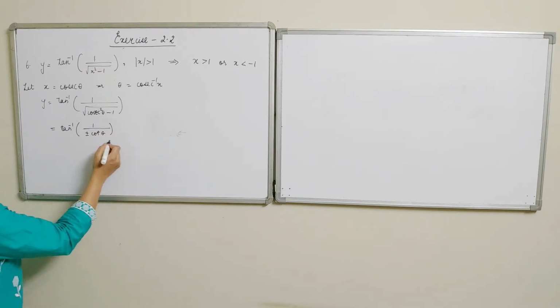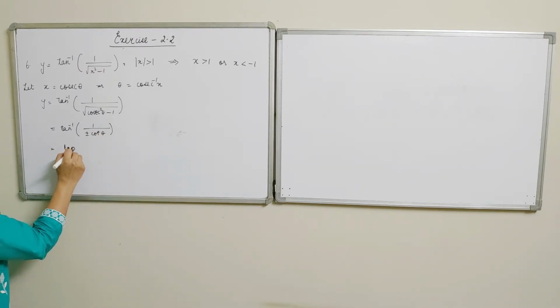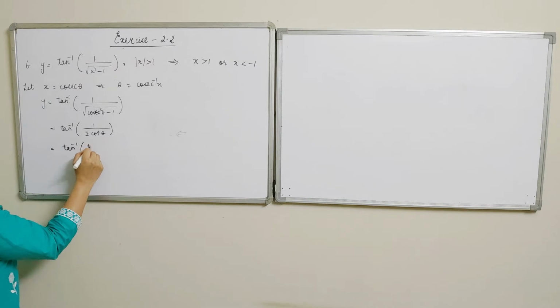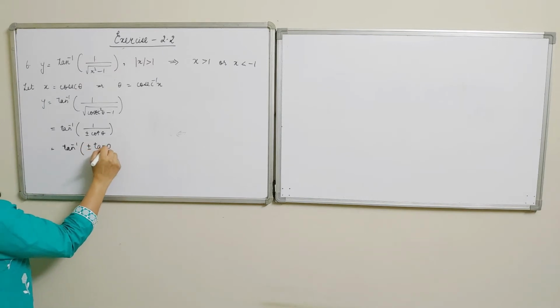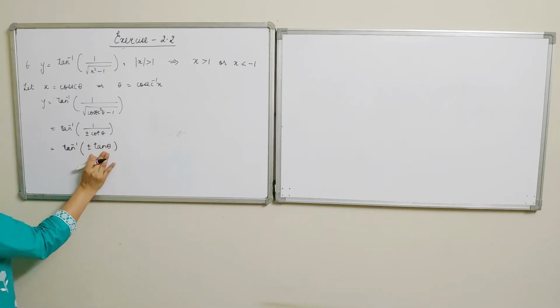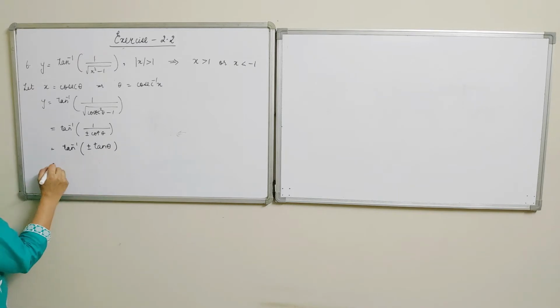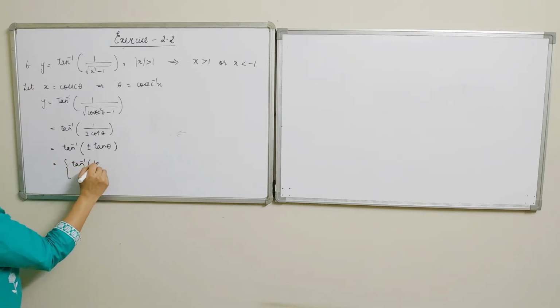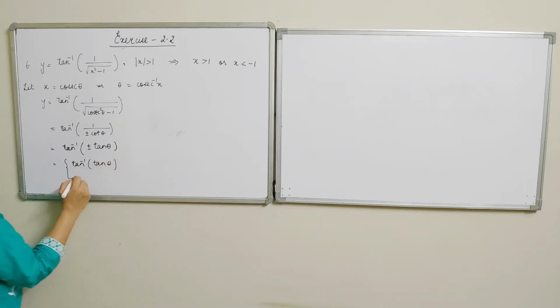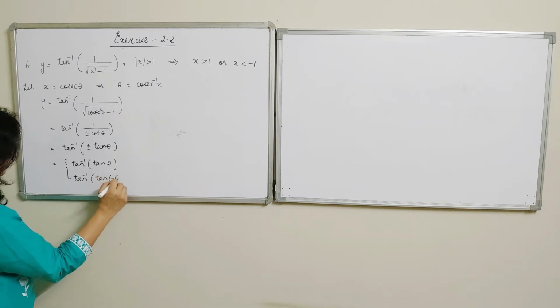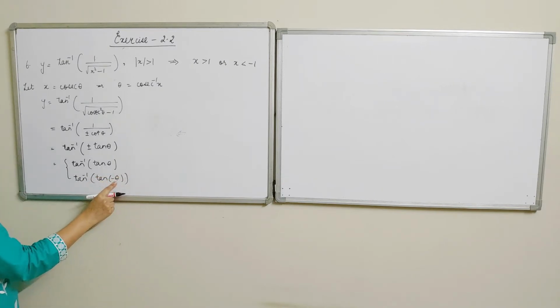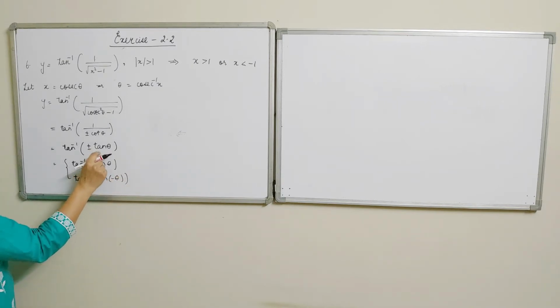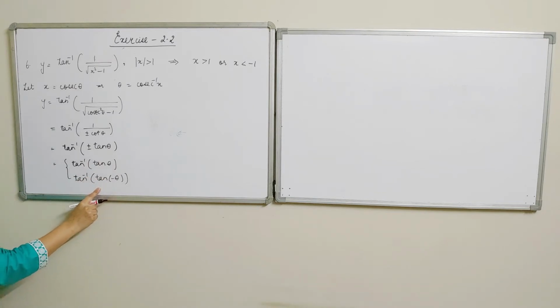So it can be tan inverse of plus minus tan theta. Instead of plus minus sign, you can write down modulus of tan theta, or this can be written as tan inverse tan theta, or it can be written as tan inverse tan minus theta, because we know tan minus theta is minus tan theta. So the result can be written this way.